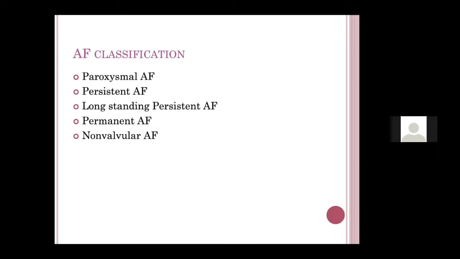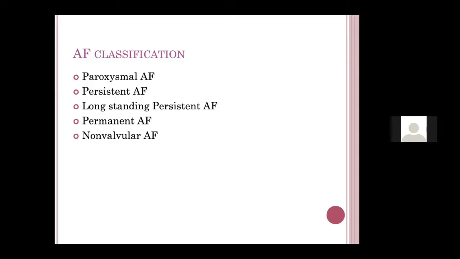And it's not that paroxysmal AF are the ones which do not need treatment and recover by themselves. Even if you give cardioversion, or drugs like amiodarone, and the patient's AF becomes sinus rhythm, it is still paroxysmal. It's not that they must revert without treatment. However, if it persists more than 7 days, then it is known as persistent AF.